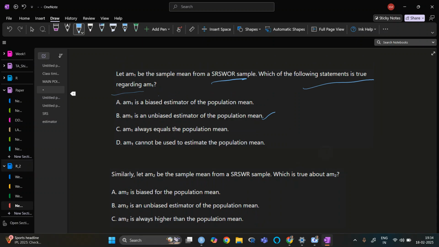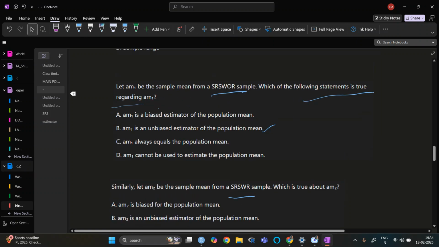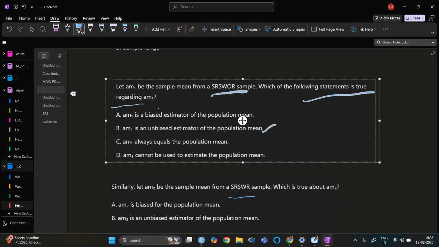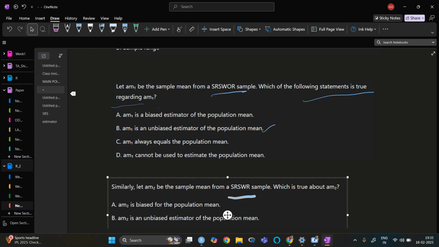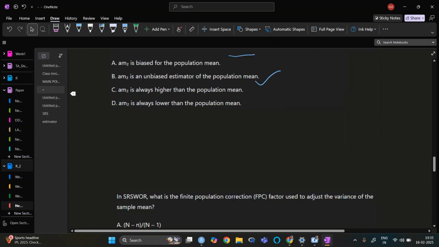The similar question we have here with SRSWR. Whether it is SRSWR or SRSWOR, with or without replacement does not matter. The sample mean will always be the unbiased estimator of the population mean. So this is the theory which is always true.